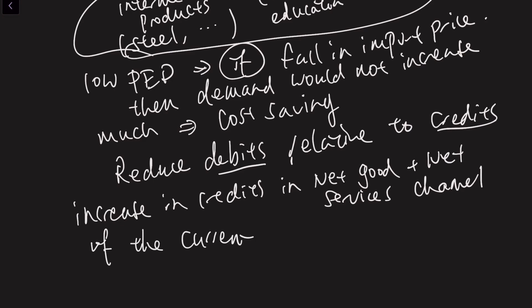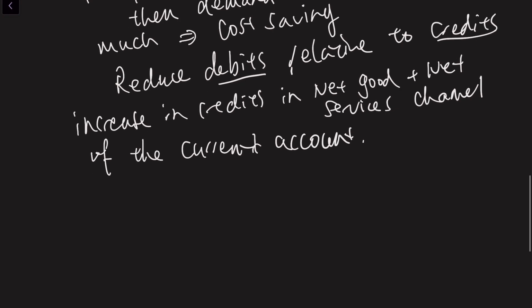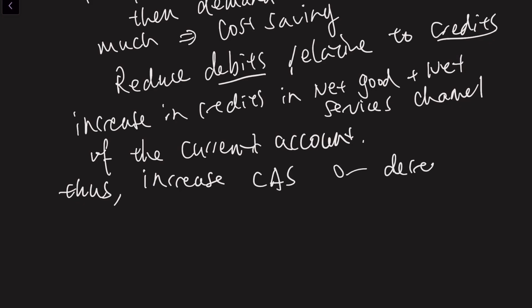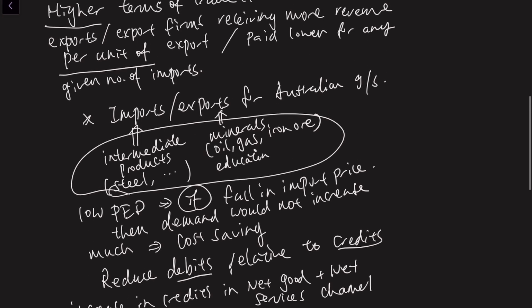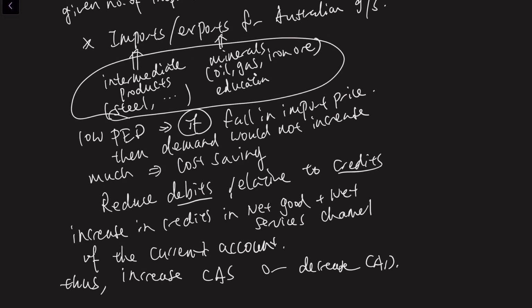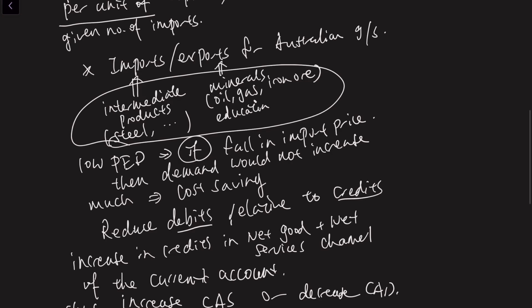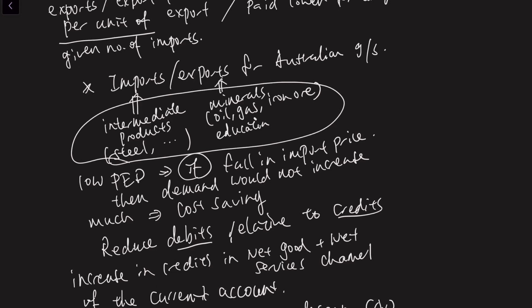So that's how you link terms of trade with current account balance, and thus increase current account surplus or decrease current account deficit. So this is how you link terms of trade with current account. It's because we have this low price elasticity of demand for export and import.